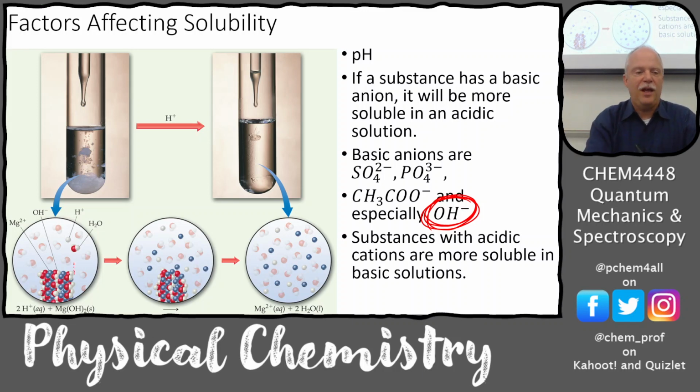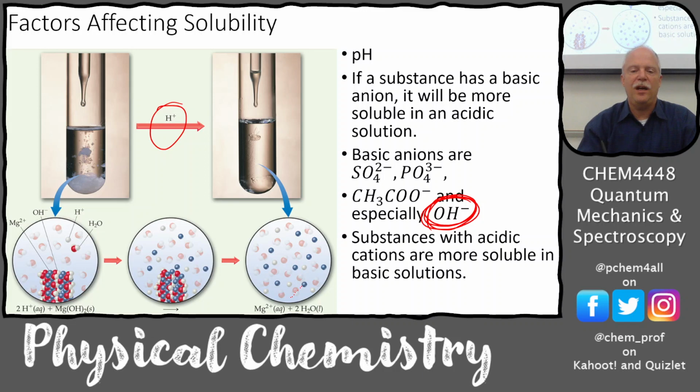Here's a picture of that. We have magnesium hydroxide in solution and precipitating out. And so you have those hydroxides. But if we start to add acid, then as soon as that hydroxide comes into solution, it finds the free protons or the hydronium ion and reacts.